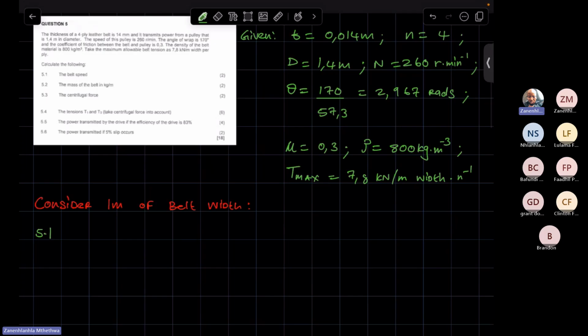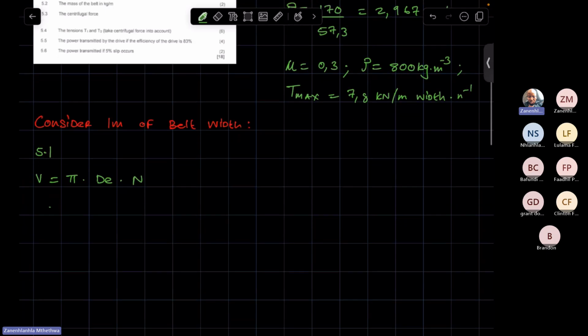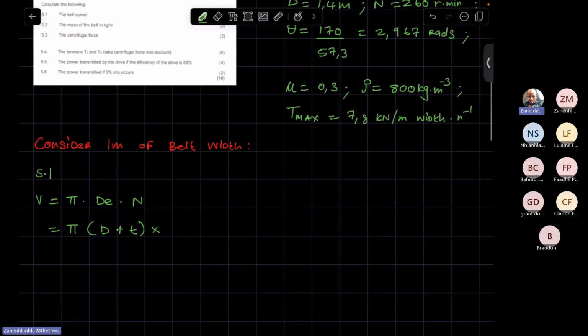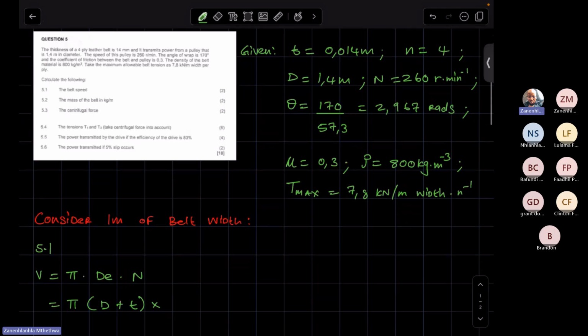But if you've been given the thickness of the belt, then to calculate V, we say pi times, and instead of the diameter, we use the effective diameter times the rotational frequency of the pulley. Now, effective diameter is equal to the diameter of the pulley plus the thickness of the belt, times the rotational frequency. The rotational frequency of the pulley is in revs per minute, right?